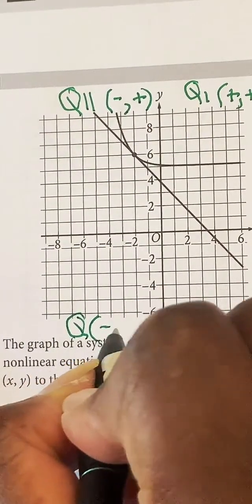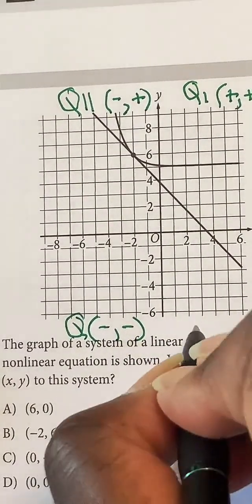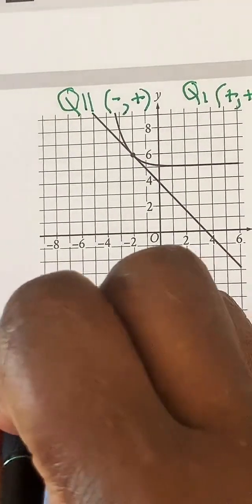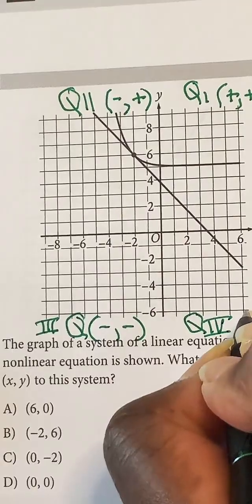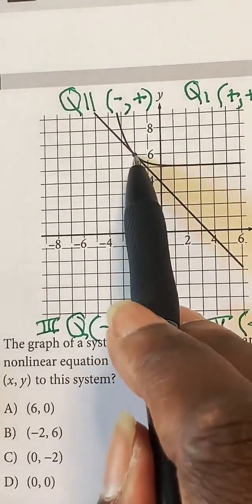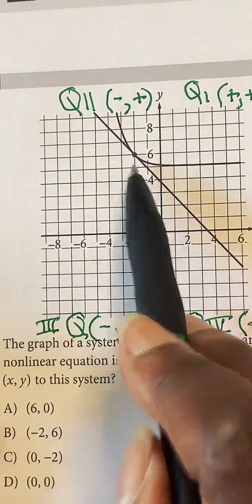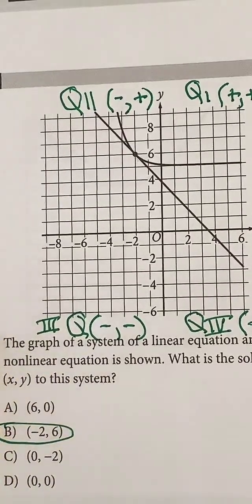Quadrant 3, both X and Y is negative. It gives you a little face. Then you have your quadrant 4. Your X is positive and your Y's are negative. So if it's in here, the negative has to be first. The only one that has a negative first is B.